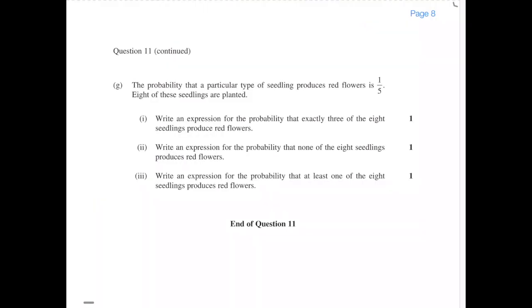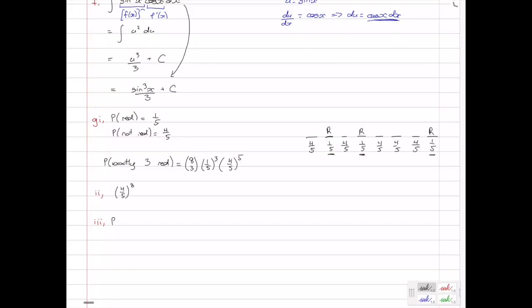And the third one, write an expression for the probability that at least one of the 8 seedlings produces red flowers. Okay, so the probability of at least one being red is going to be equal to, now, here's a very important thing when you're doing probability. Whenever you look at a question and it asks you for the probability of at least something, that usually triggers the use of complementary events.